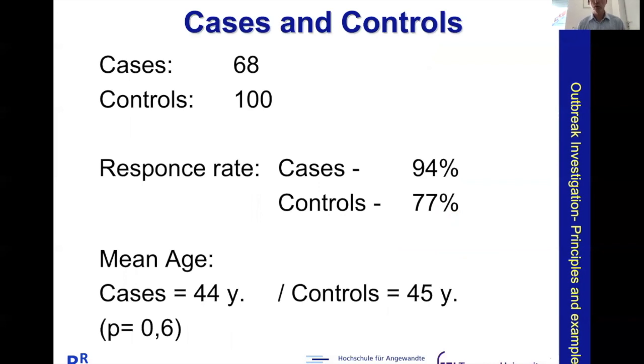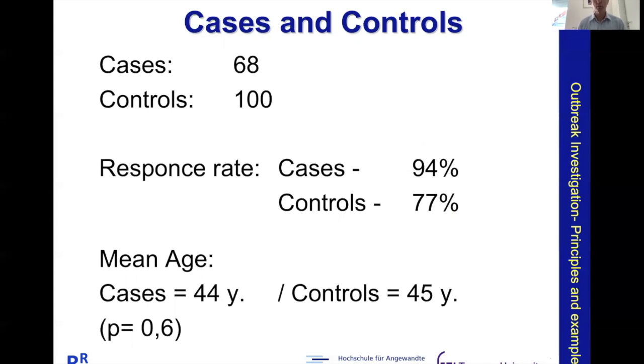Okay, so we did a case control study. We had 68 cases who answered the questionnaire. We sent a questionnaire out to the population there, we got a random sample of the population, and 100 of them answered. This response rate, of course, among the cases was higher than among the controls, but believe me, these numbers are exceptionally good.